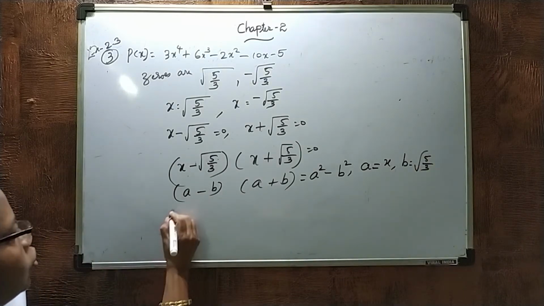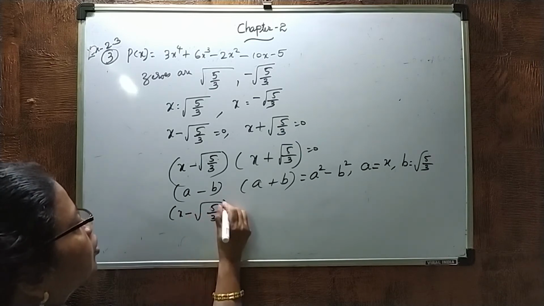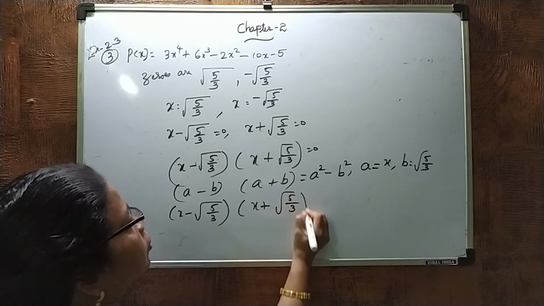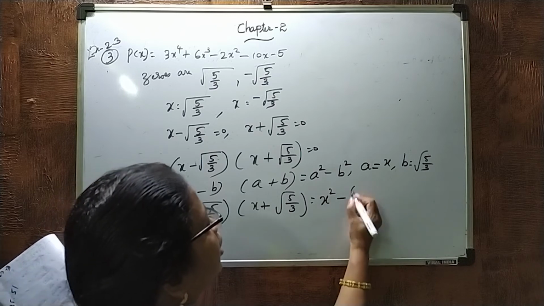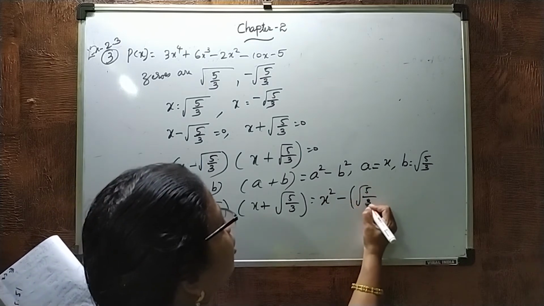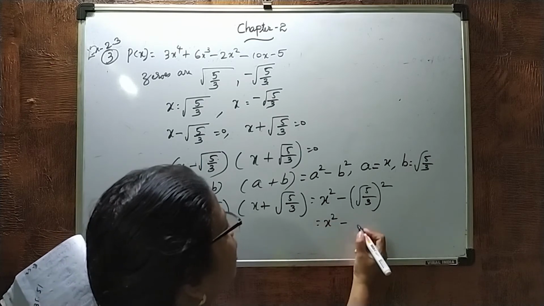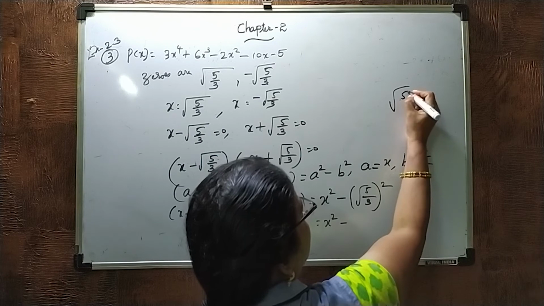Now it will be x square minus root 5 by 3 square. That means it is x square minus root 5 by 3 into root 5 by 3.